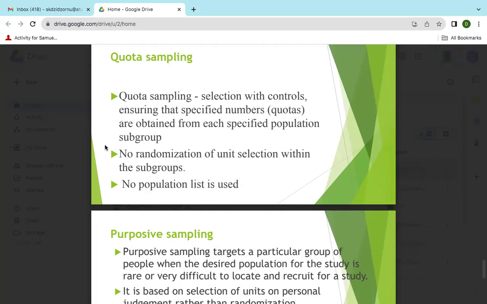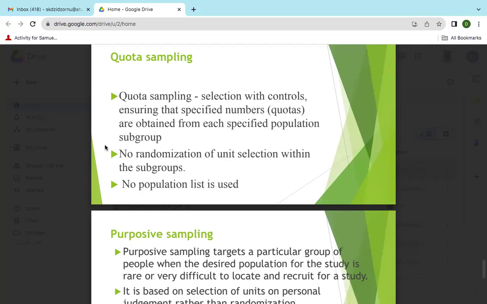So not only do I want 500 students, I want 250 males and 250 females. When you segregate them in that regard, you are doing quota sampling. So you have 250 as a quota for males and 250 as a quota for females, and so on and so forth.